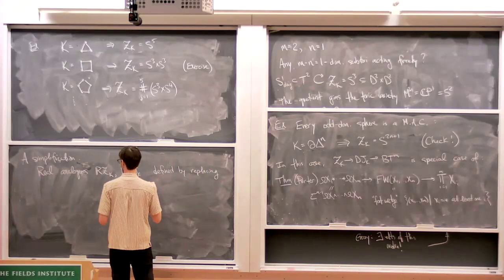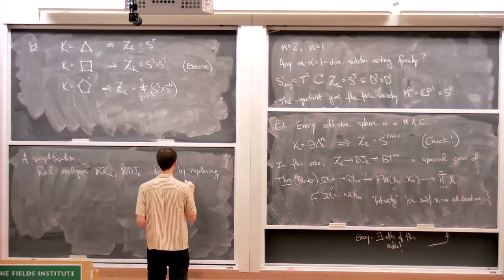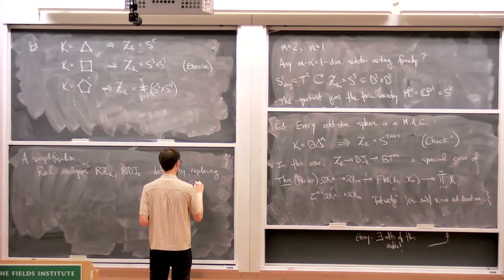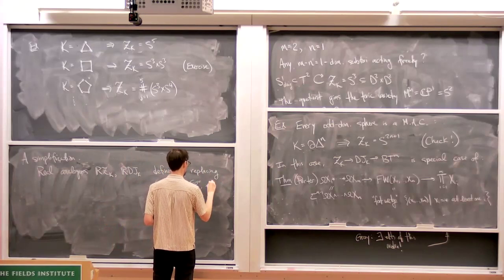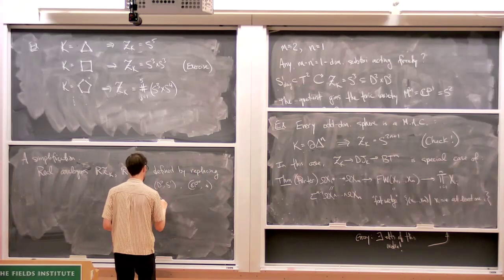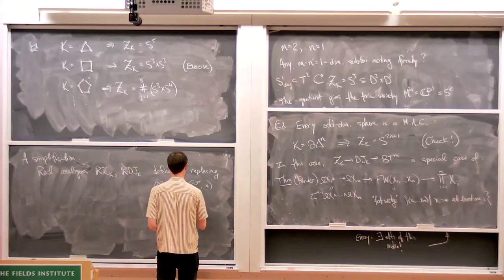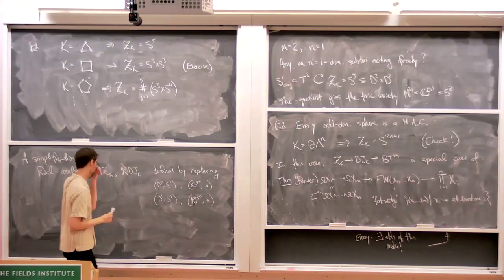By replacing the roles of (D2, S1) or (CP infinity, a point) with (D1, S0) and (RP infinity, a point).